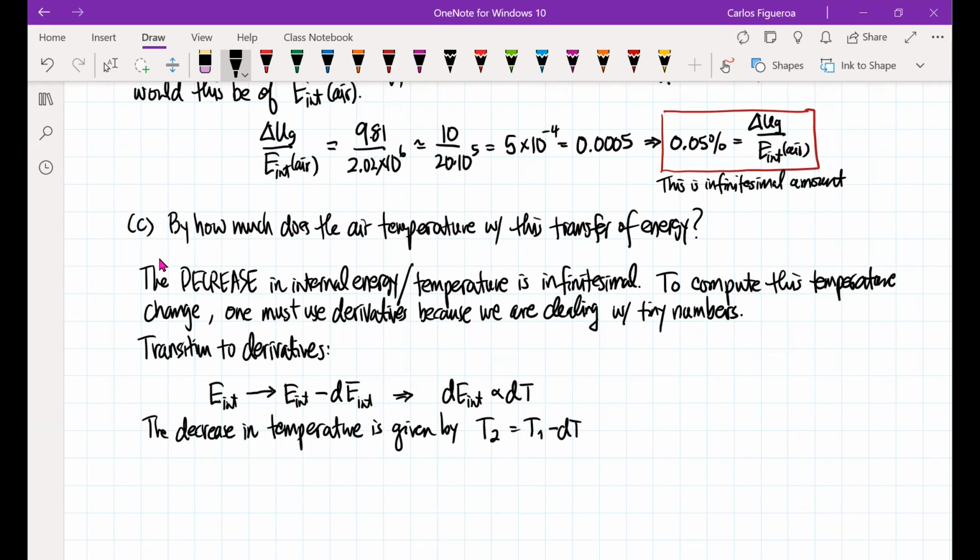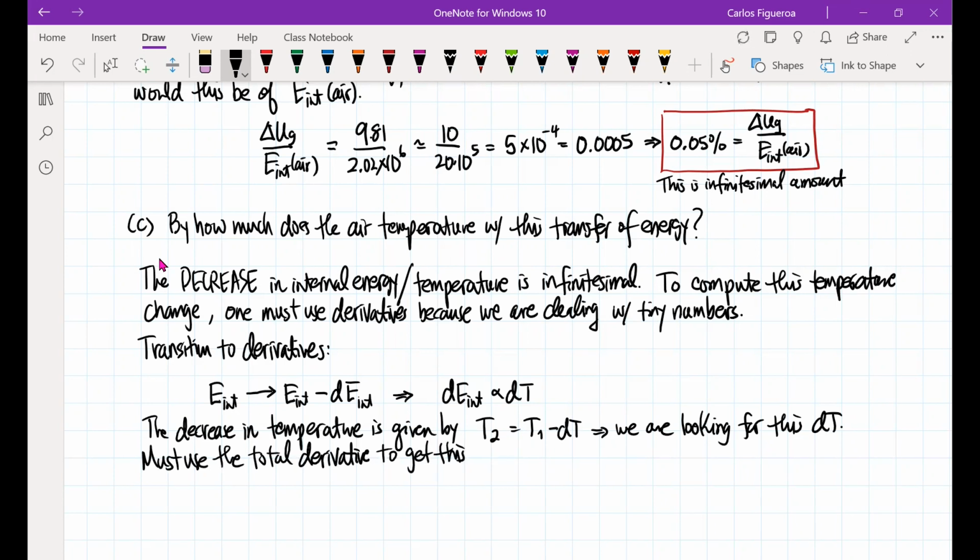Okay, I got to subtract that tiny amount. So this implies that we are looking for this dT. That means here I must use the total derivative to get this.